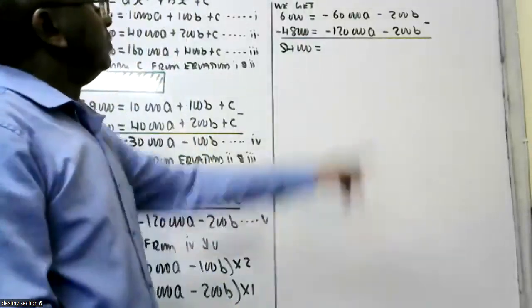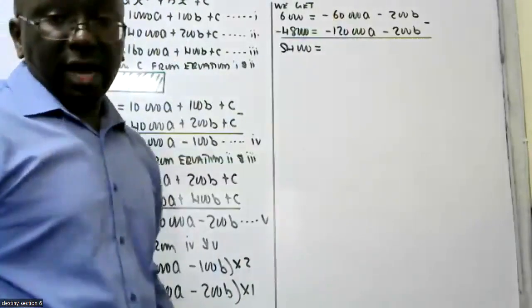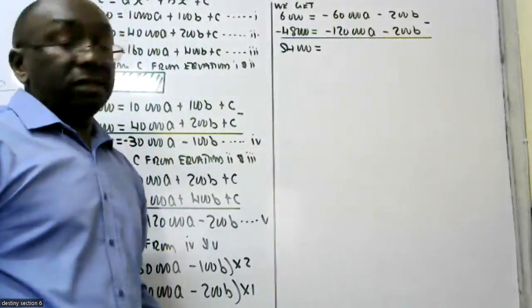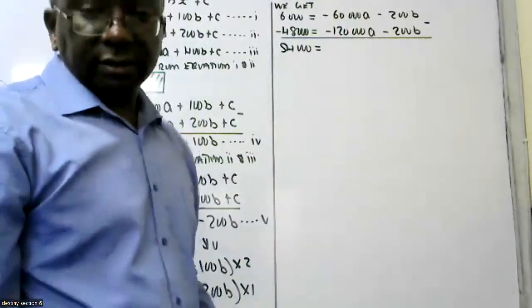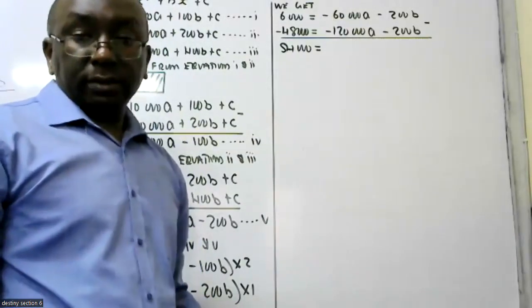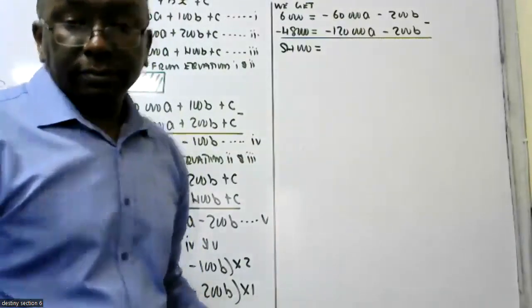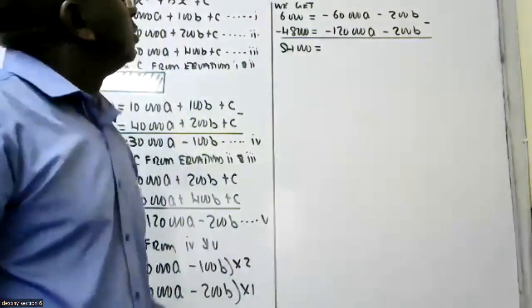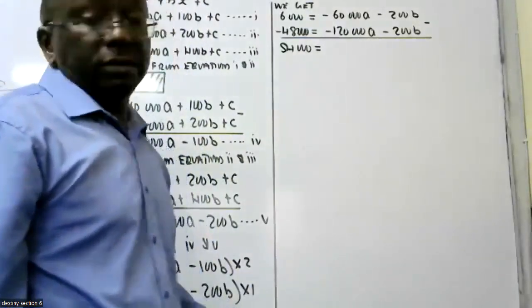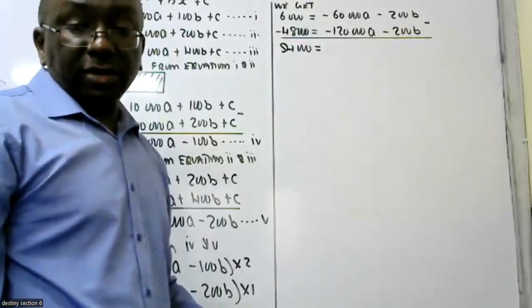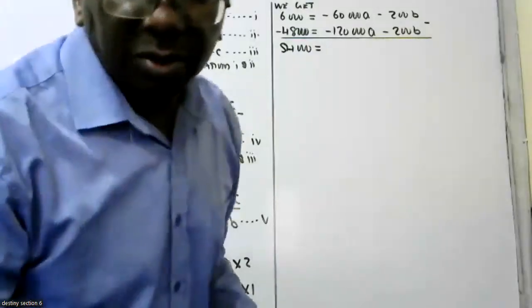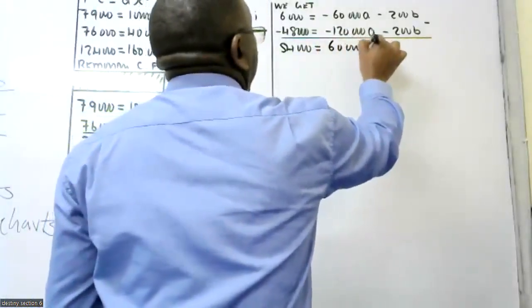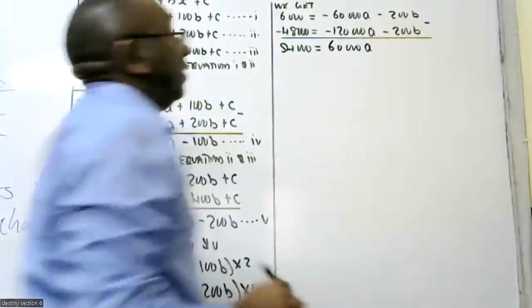Yes, Timothy, 60,000 A. So that the other one has gone.